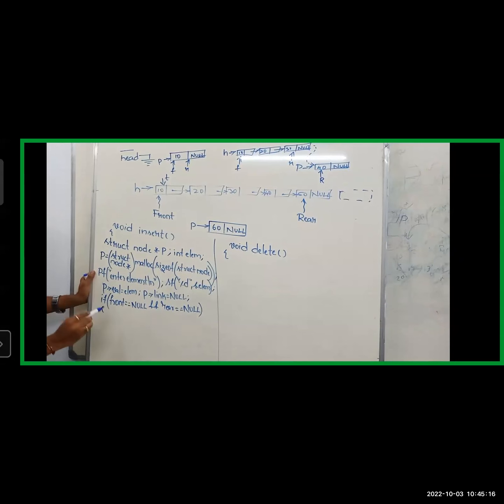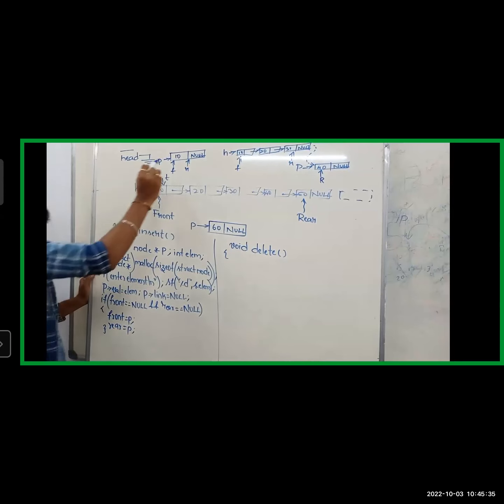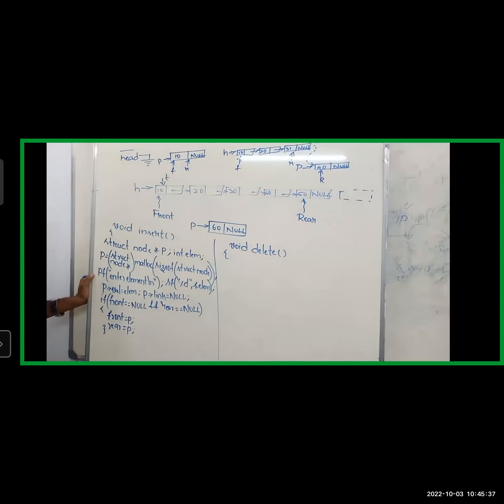But here what I'll do is, my front should be pointing to P, and my rear also should be pointing to P. If there is one node, F is also pointing there and R is also. Got it?